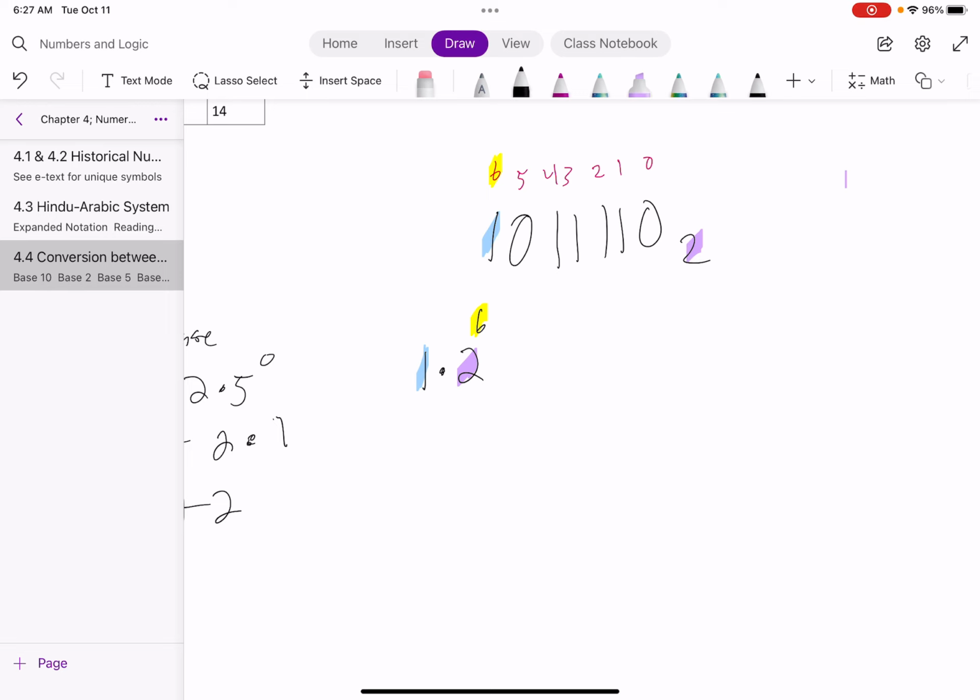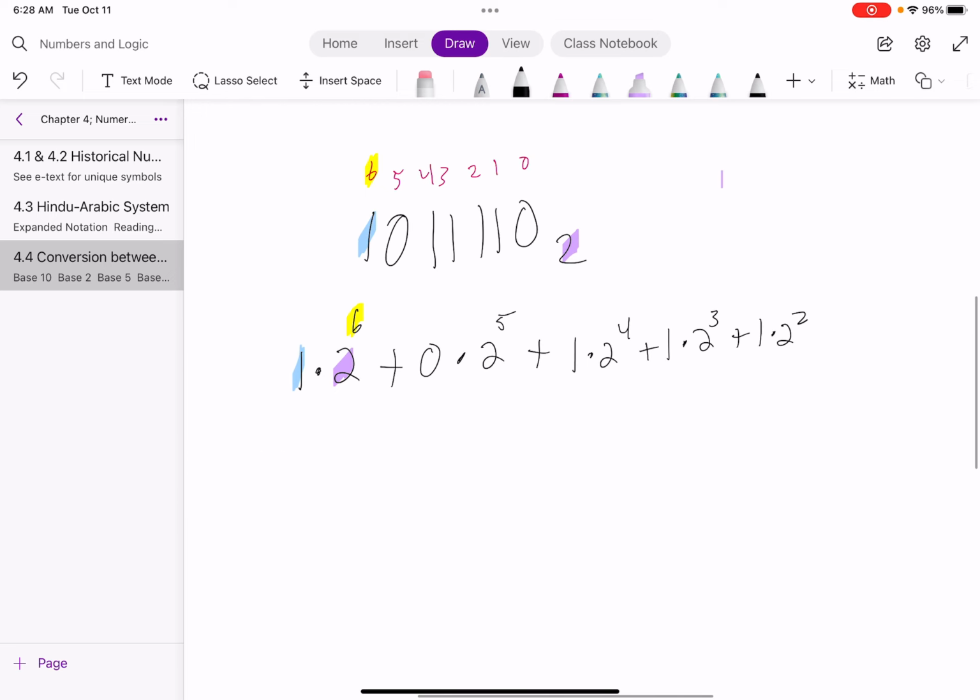All right, so then I add 0 times 2 to the 5th plus, and I'm going to highlight all these because it'd be hard to see. Now I'm in the 4th place, so 1 times 2 to the 4th plus 1 times 2 cubed plus 1 times 2 squared.